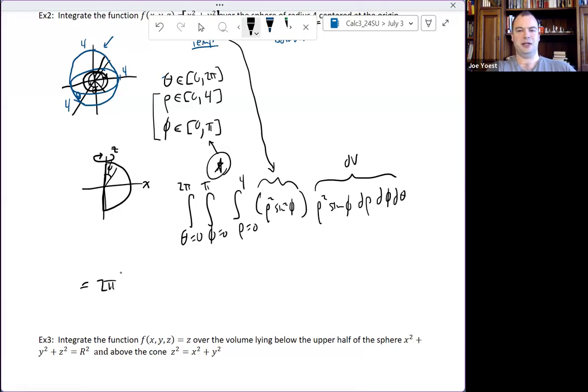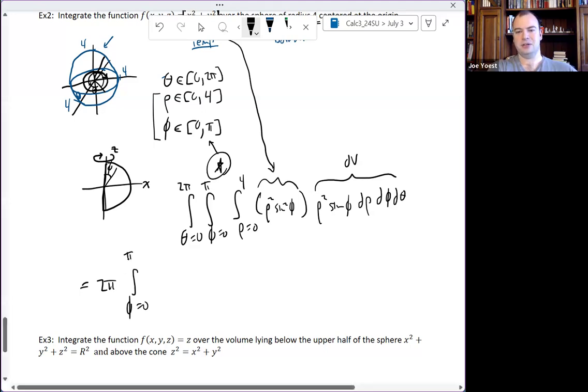I also see that for theta and rho, the bounds don't depend on the other one. And my integrand can break apart as a function of rho times a function of phi. So I can break these two integrals apart. Phi goes from 0 to pi, and I get a sine cubed phi d phi.